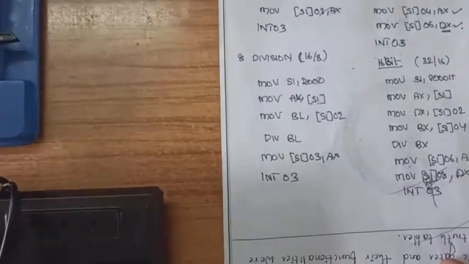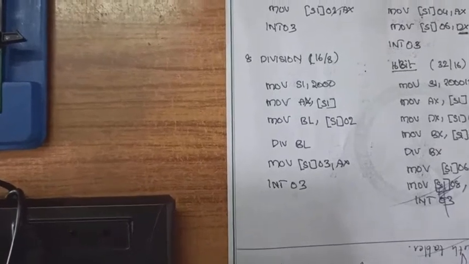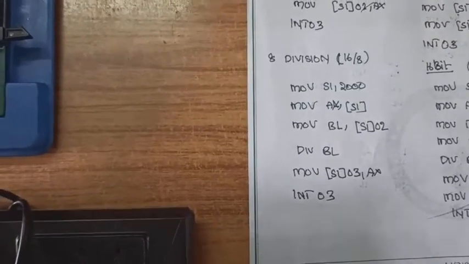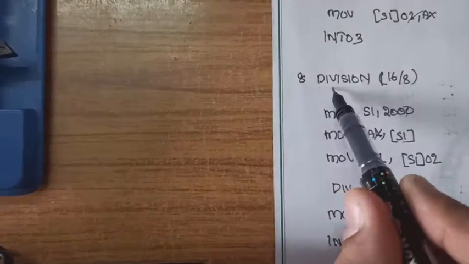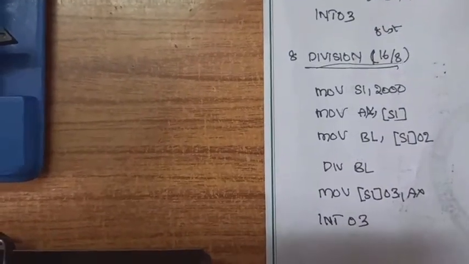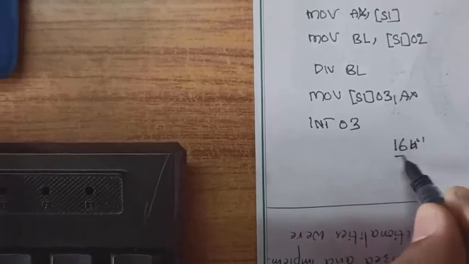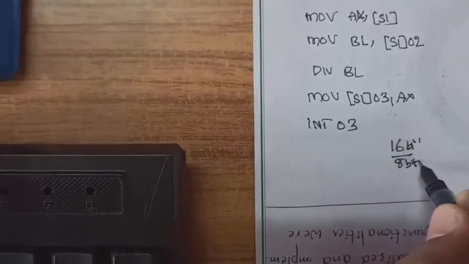Hi students, so now we are here with one more program called Unsigned Division in 8086 Microprocessors and Interfacing. It's a very simple program, just like an arithmetic operation. When we say it's an 8-bit division, we take a 16-bit input and divide it by an 8-bit input.